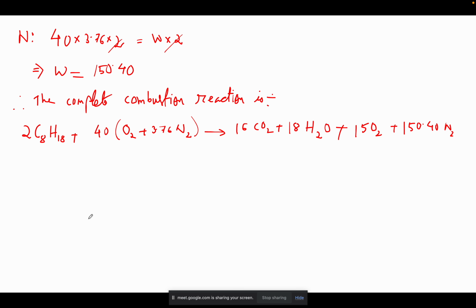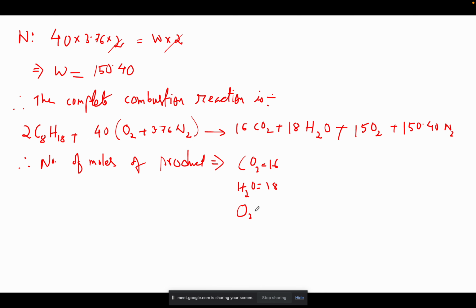Okay, so therefore number of moles of product is equal to what? Carbon dioxide 16, water or water vapor, whatever is there, it is 18, oxygen it is 15, and nitrogen it is 150.40.